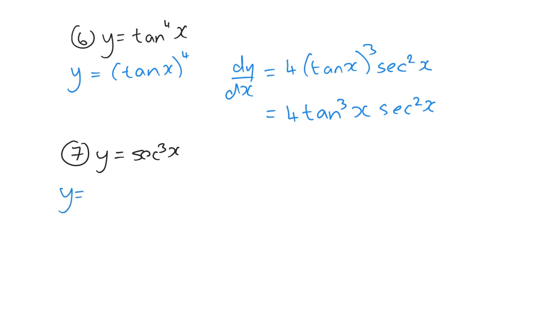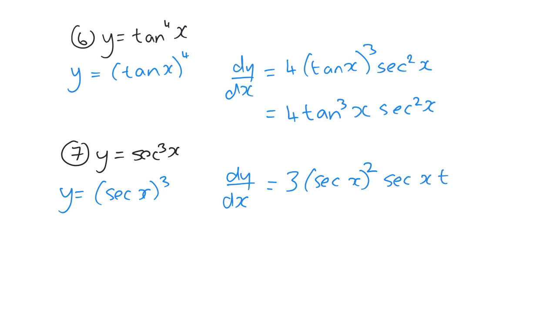So again, write that as sec x all cubed. So when we differentiate, we get 3 times sec x squared. And then we have to differentiate sec x, which is sec x tan x. And then just simplifying that, we've got sec squared and a sec, so that would be 3 sec cubed x tan x.